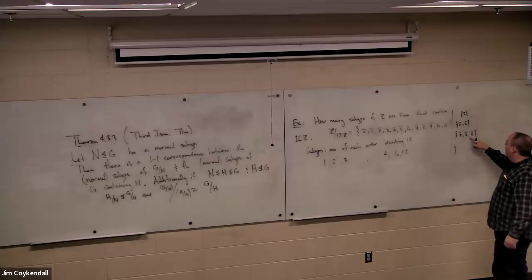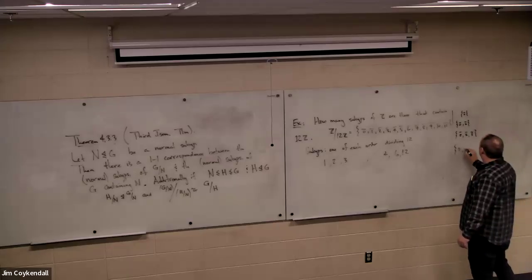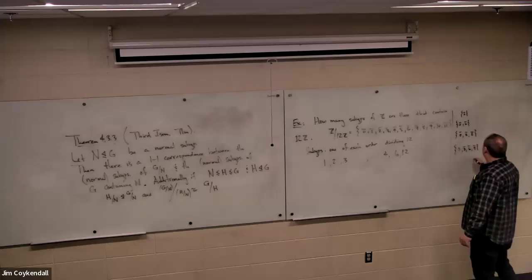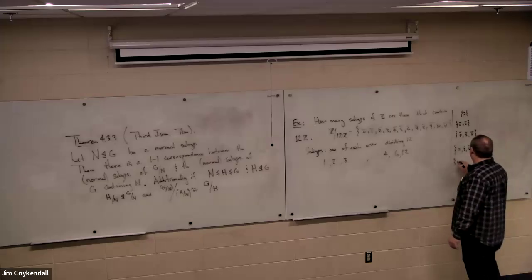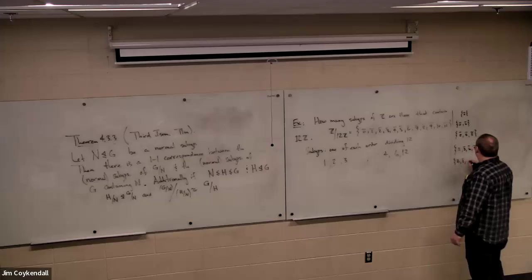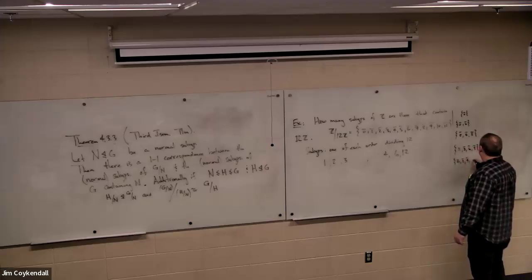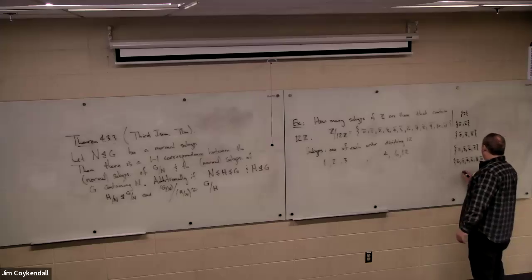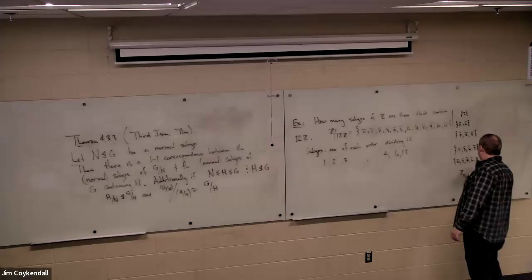Order 1, order 2, order 3, the subgroup of order 4, the subgroup of order 6, and the subgroup of order 12 is all of Z mod 12.